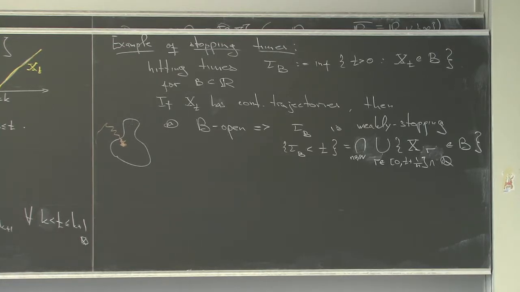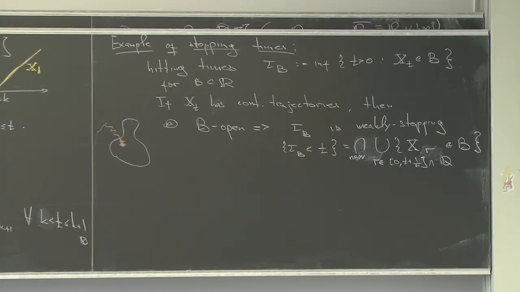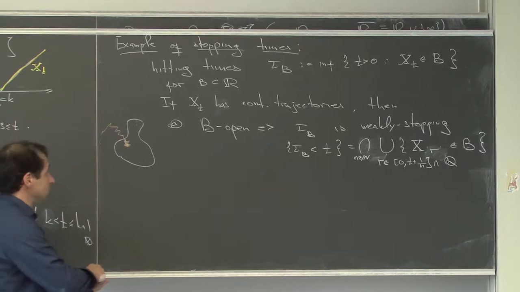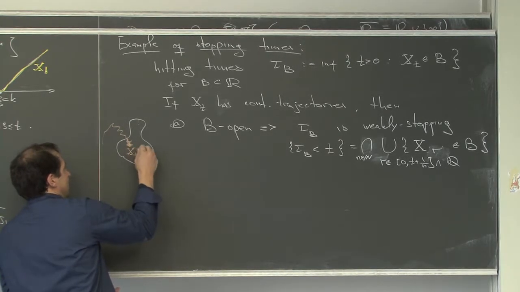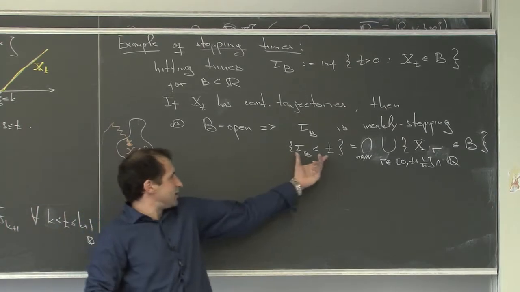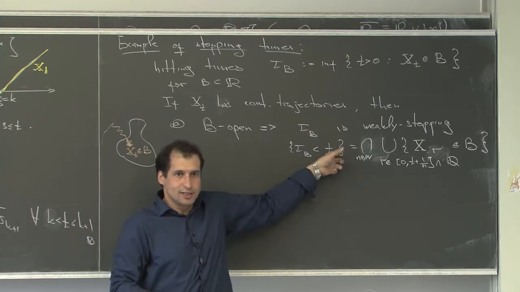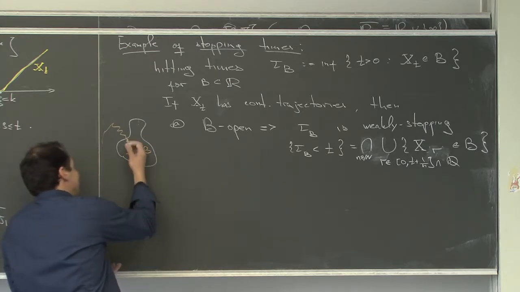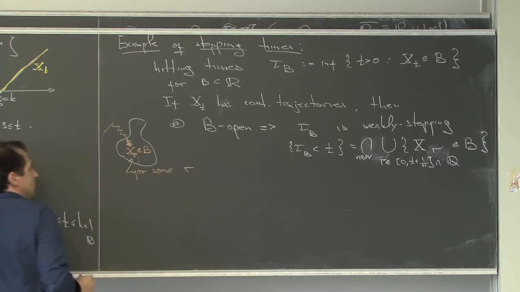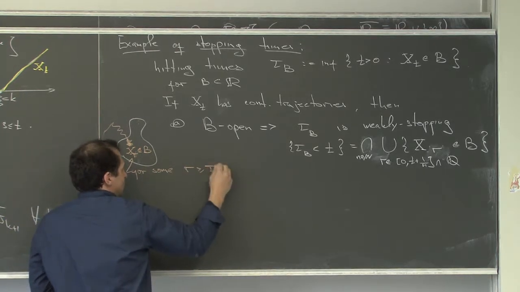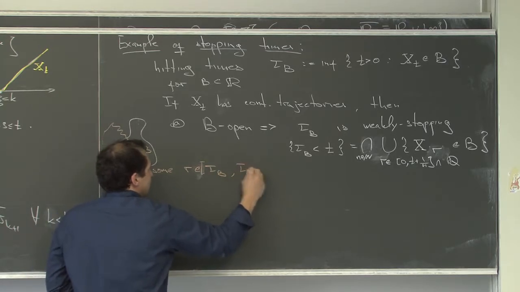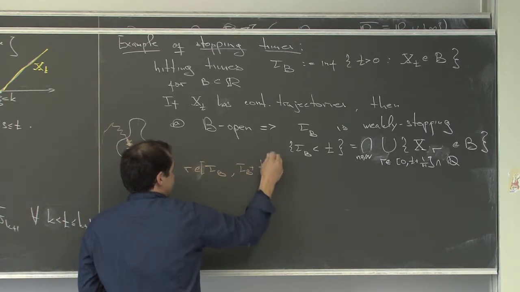Now I think I'm done. Not very good, right? Well, now at least it's correct. So again, if I know that X at tau B is in B, then this is exactly the definition of what it means that tau B is less than t. I know that Xr is in B for some r which is at least tau B, but less than tau B plus 1 over m.